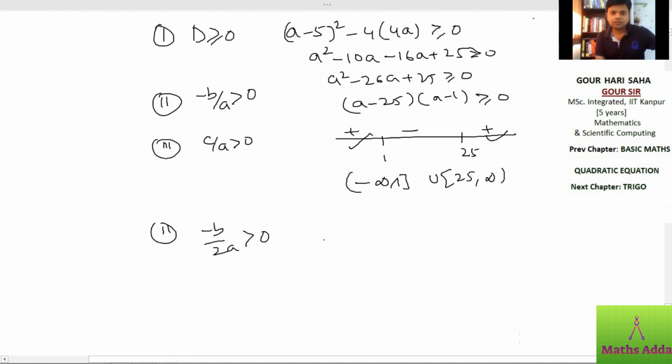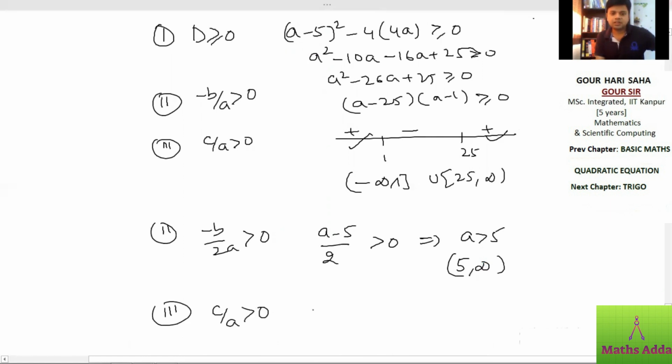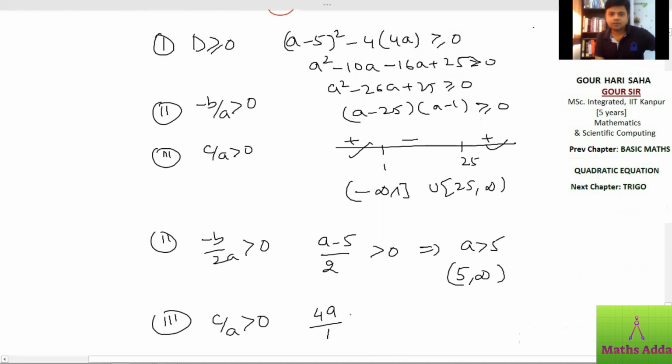Minus b is a minus 5, divided by 2, is greater than 0. This means a is greater than 5, so it is 5 to infinity. Third is c by a greater than 0. What is c? This means a is greater than 0, 0 to infinity.